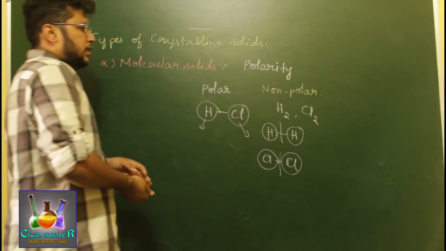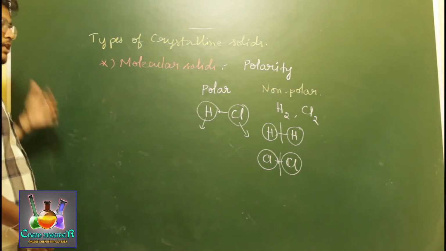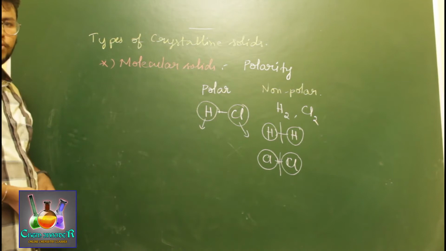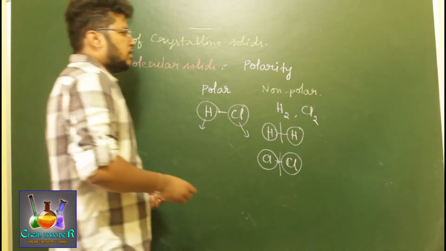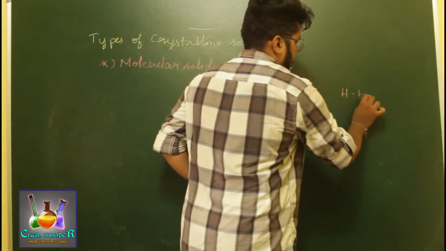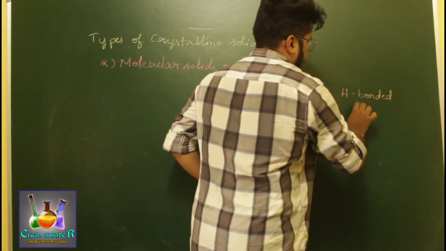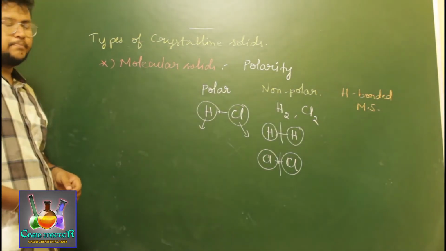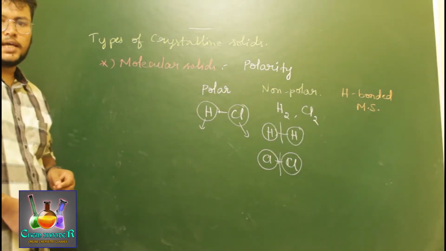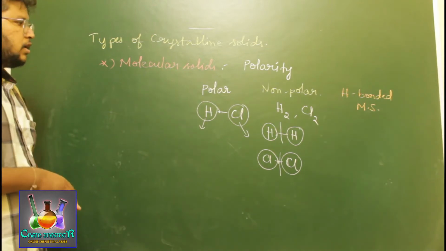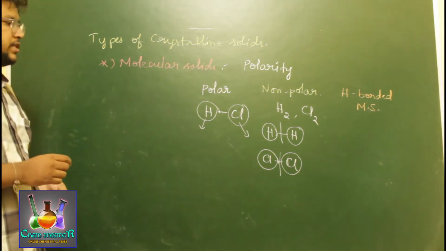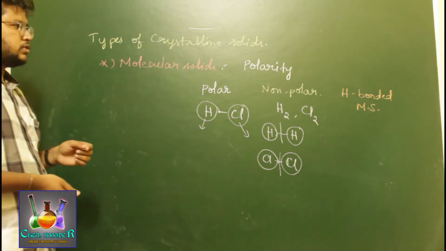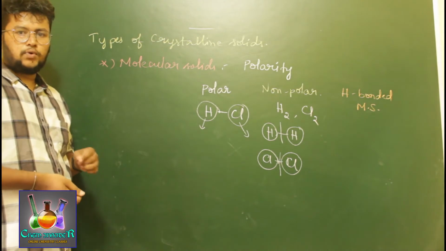Depending on this, we classify molecular solids further into three types: polar molecular solids, non-polar molecular solids, and hydrogen bonded molecular solids. A polar molecular solid is one which has a particular dipole moment. Non-polar molecular solids are those which have no dipole moment.